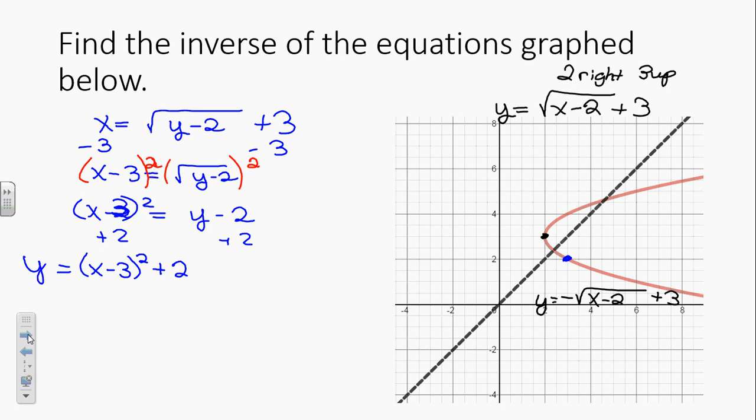So when you move 1 to the right, you only have to move 1 up, or 1 to the left, move 1 up. And if you move 2 to the right, 2 squared is 4, we would be 4 up. 2 to the left is going to be 4 up as well. And there's our new parabola. Okay? So you've just got a few problems to work on your sheet.